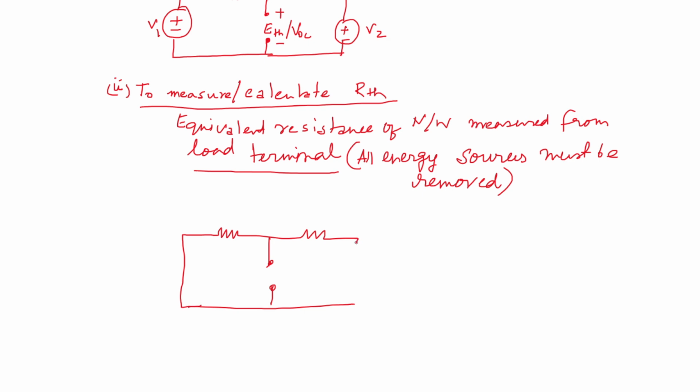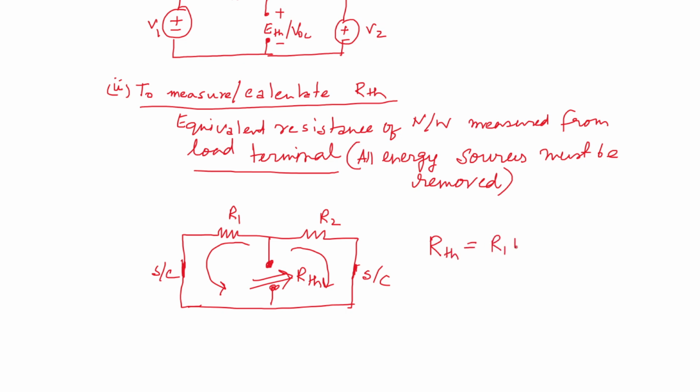So you need to make V1 shorted, and make V2 shorted, deactivated. From this load terminal you want to calculate R Thevenin. With respect to these two terminals, there are two different paths, one along R1, another along R2. So for this network, R Thevenin is nothing but R1 parallel R2, right?